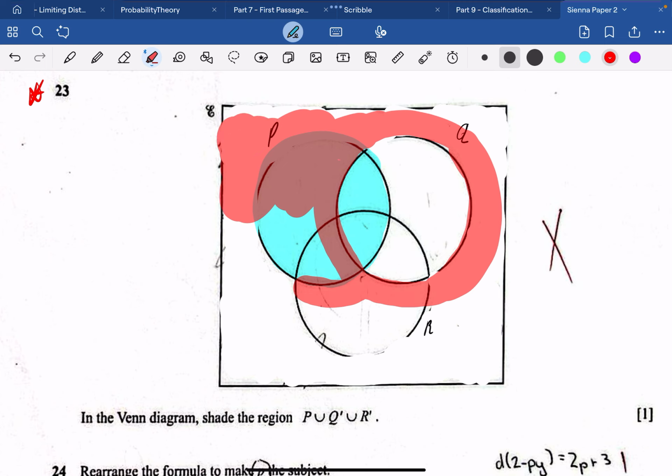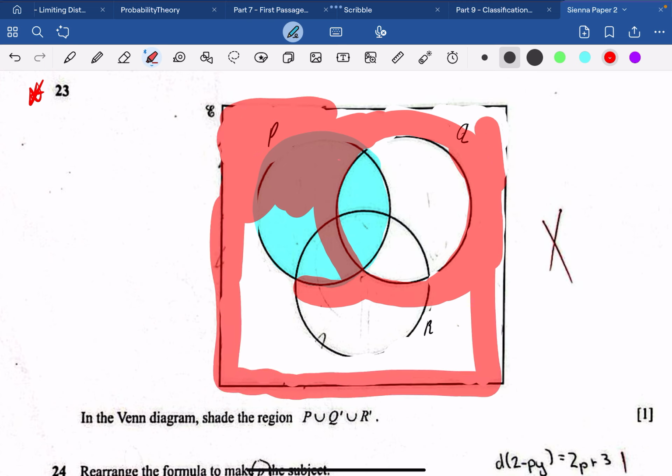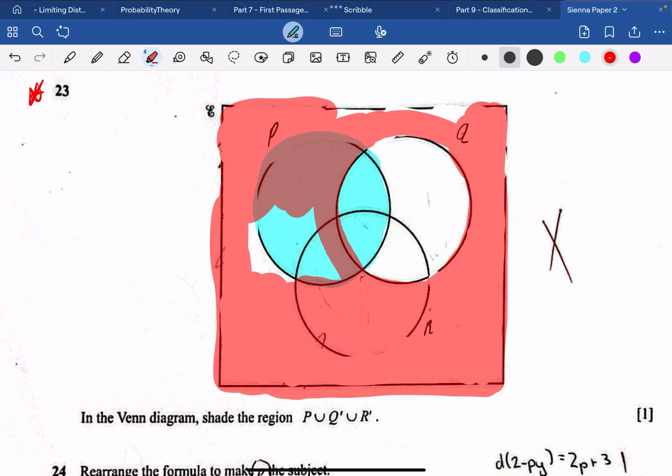Not Q is the whole of anything that's not Q. So that includes not Q and not R. Let's choose a different color.